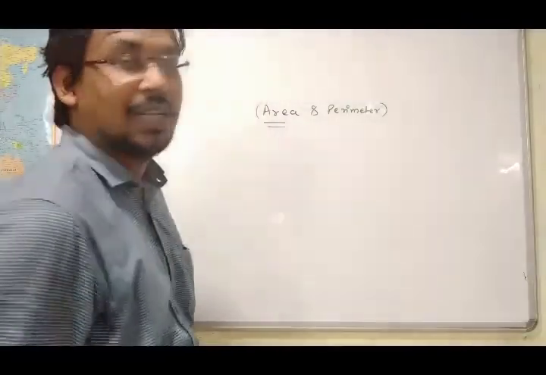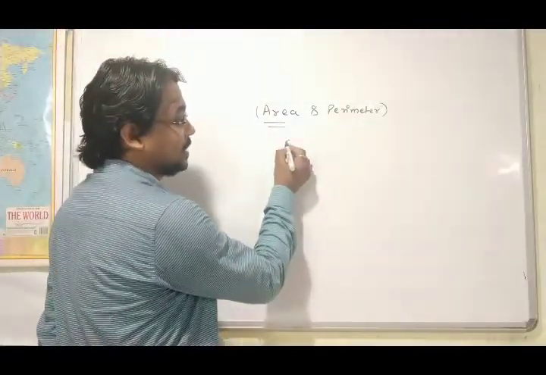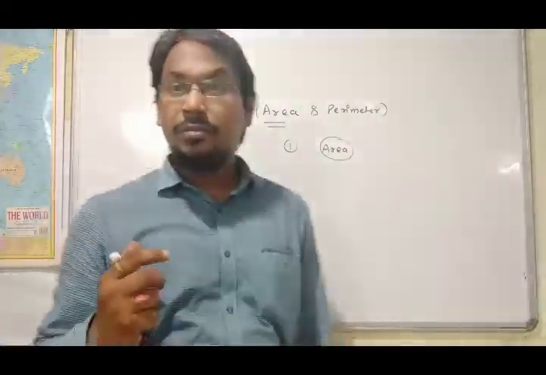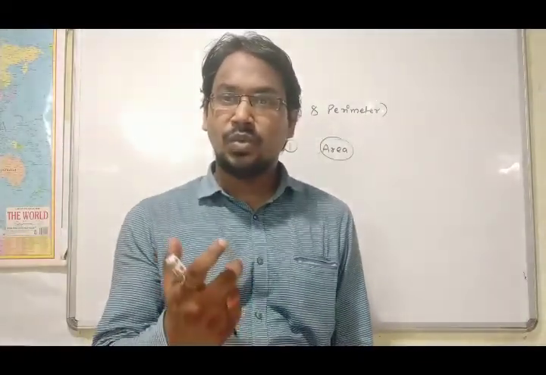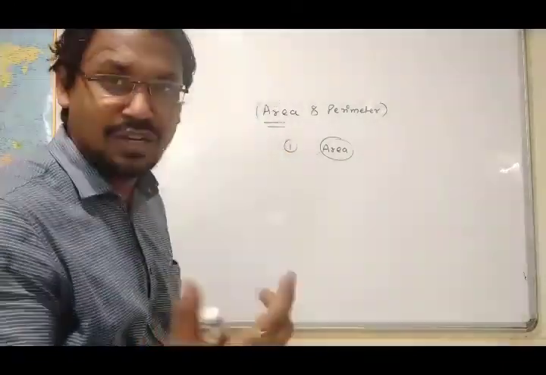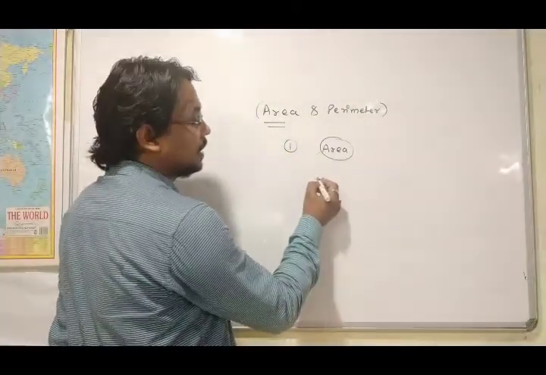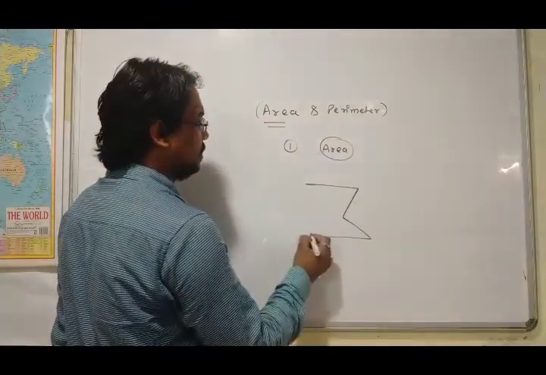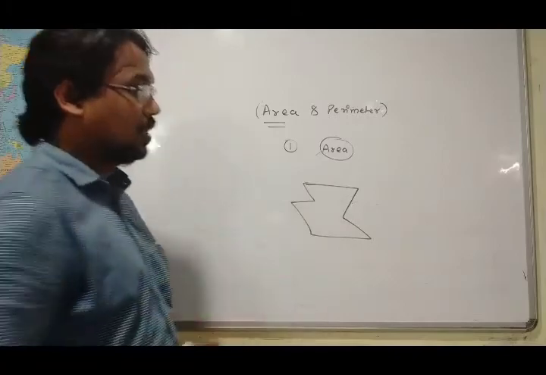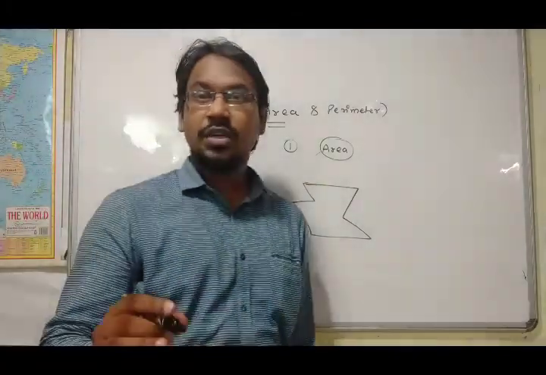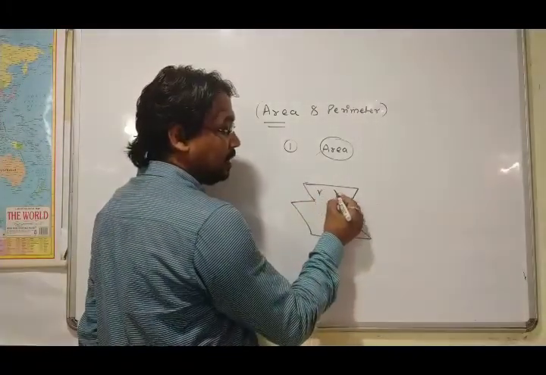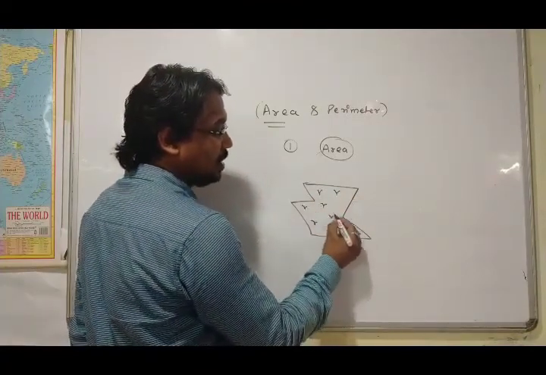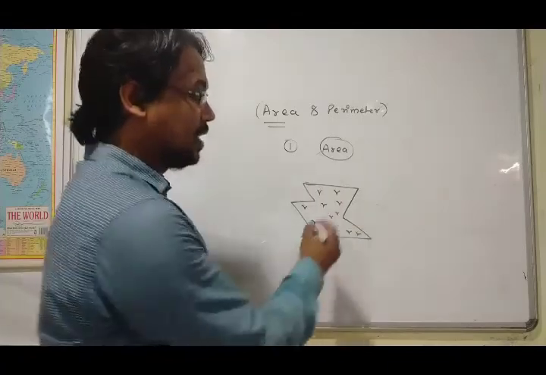In this we will go through the first: what do we mean by area? How we will use it, where we will use it. Let's suppose all of you make this kind of diagram, in which we are going to replant some trees.